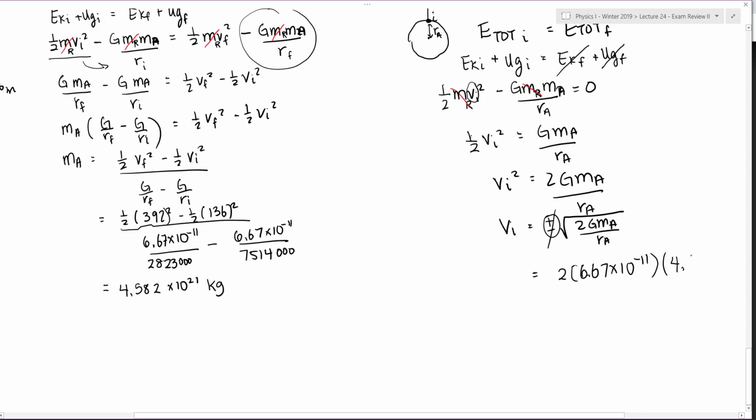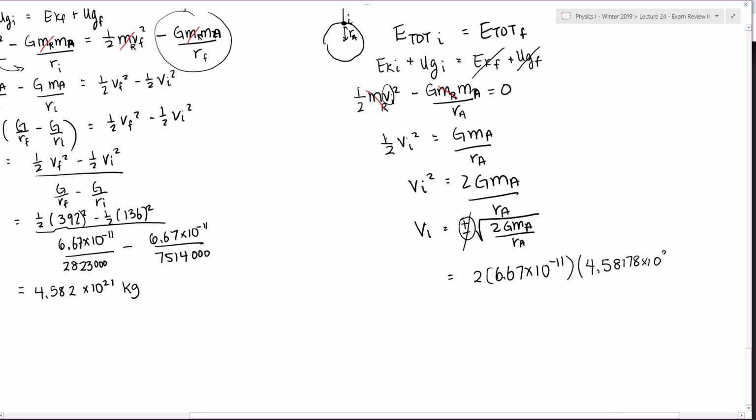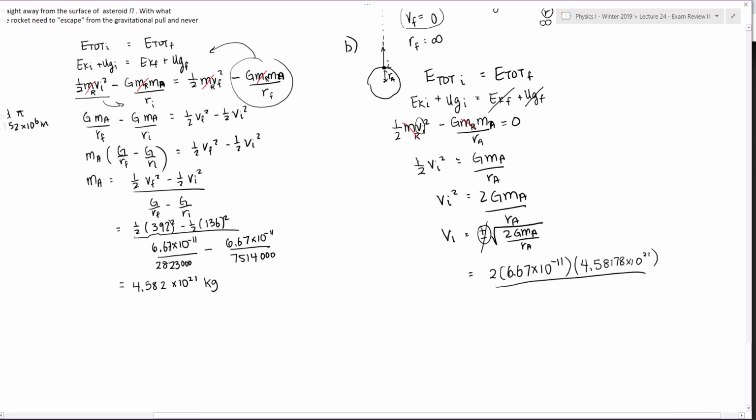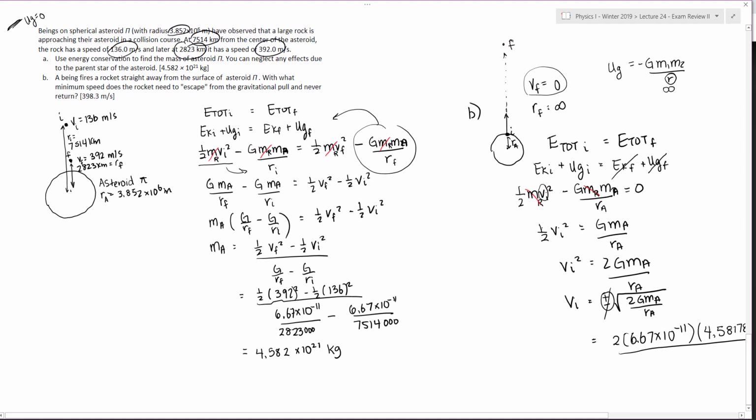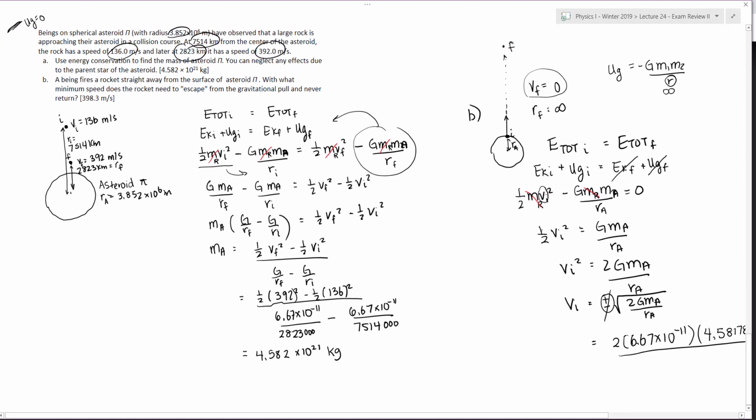I'm going to give some extra digits: 4.58178 times 10 to the 21, divided by the radius of the asteroid. It tells us the radius right here, 3.852 times 10 to the 6 meters.